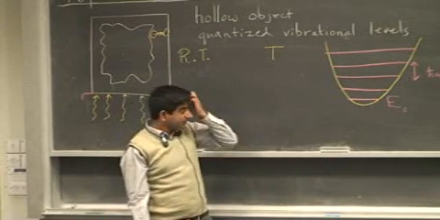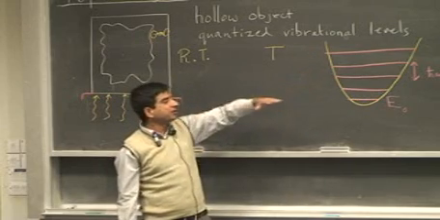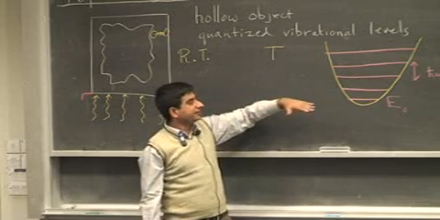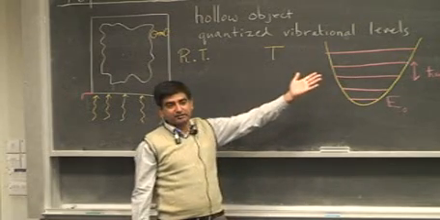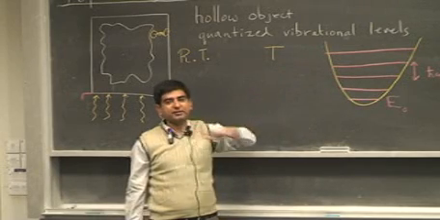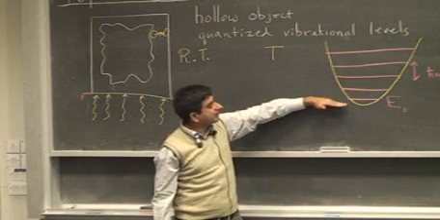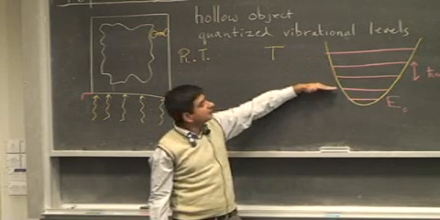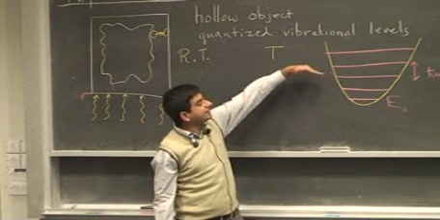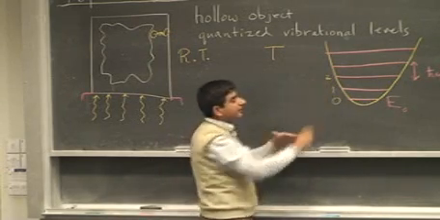So suppose these are the quantized vibrational levels, and by population we mean which level the atom is really at. In other words, what's the energy of the atom? So there are different possibilities. There's the ground state energy, there's the n equals 1 state, n equals 2 state, n equals 3 state, and n is going from 0 all the way up to infinity.